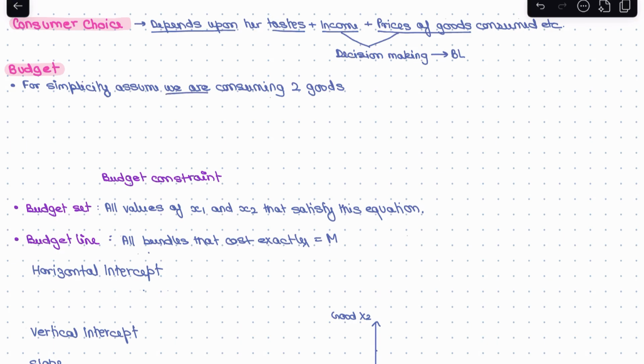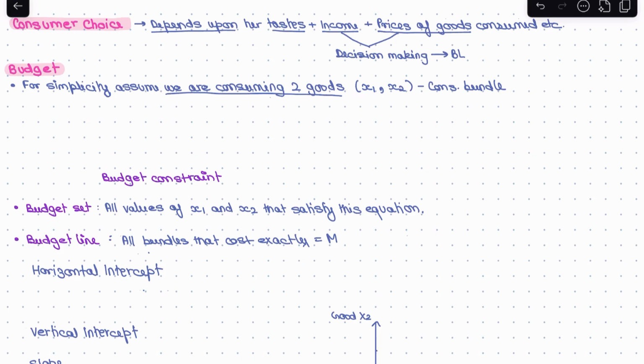For simplicity, we are assuming that a consumer is consuming only two goods, good X1 and good X2. This would be our consumption bundle. Now, this may seem like a simplification, but you can look at it like this.